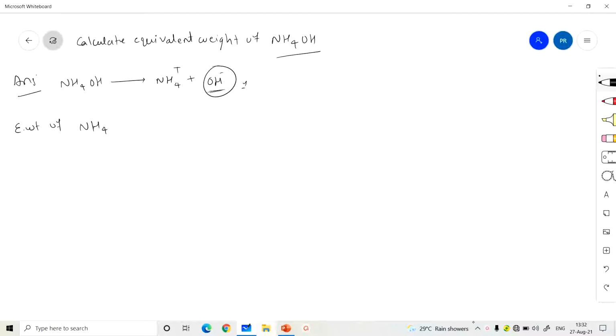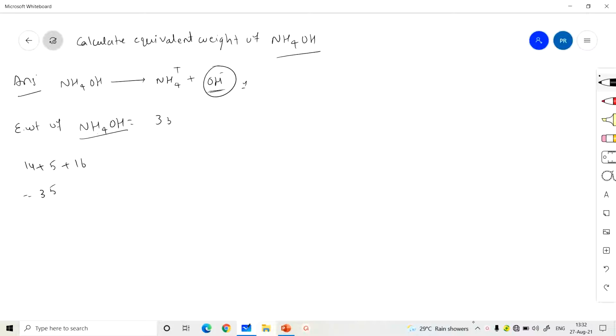Hence the equivalent weight of NH4OH: nitrogen 14, total hydrogens 5, so 5 into 1, and 1 oxygen 16.